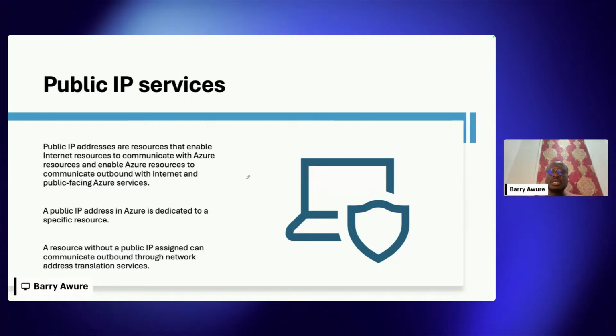Bidirectional meaning those on the internet need to reach it, and also maybe the server needs to reach out to whatever resources are on the internet. So your public IP address gives your resources the ability to be seen and reached on the internet. Both inbound and outbound traffic, you can control all those things with your public IP address allocation.